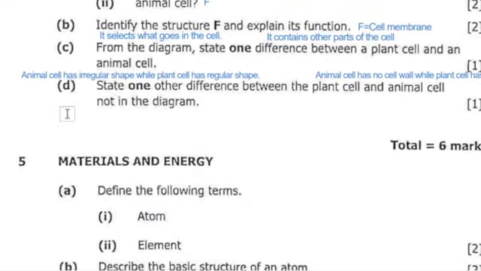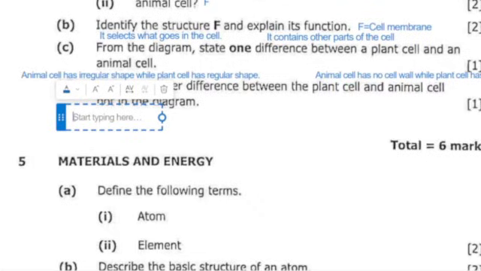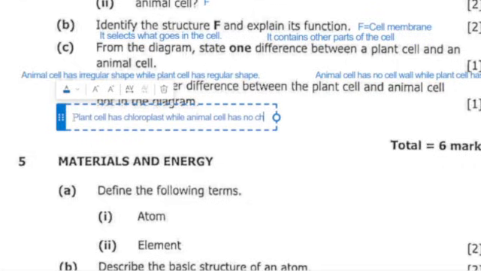So to state one difference, we can say: plant cell has chloroplast, while animal cell has no chloroplast.